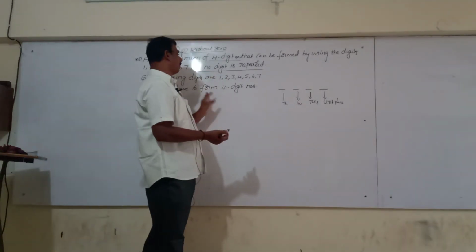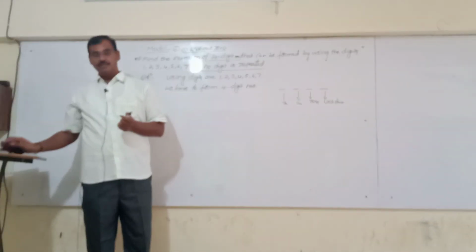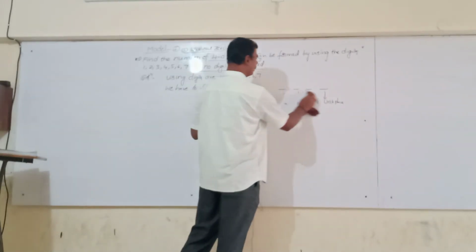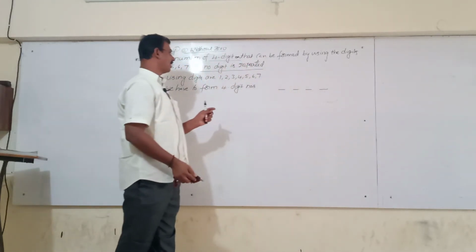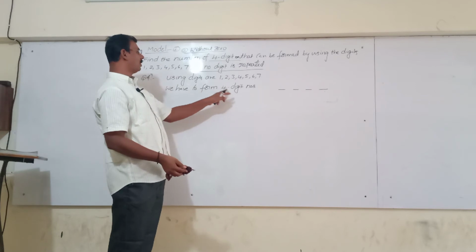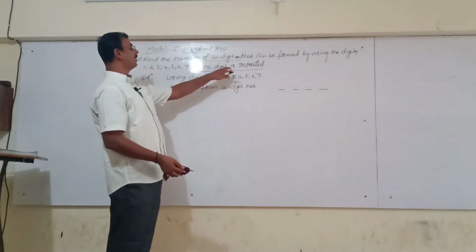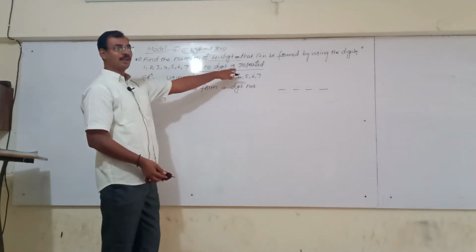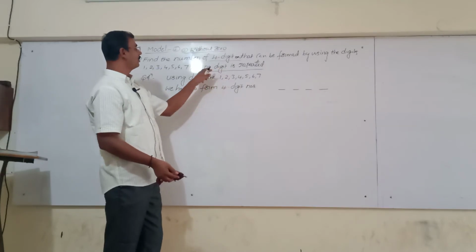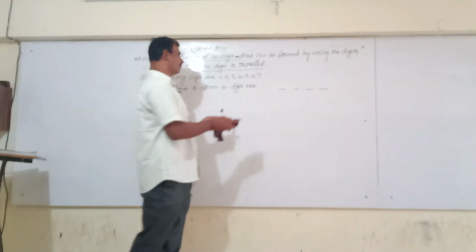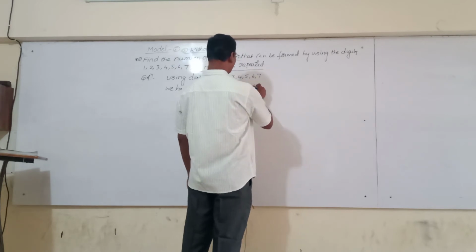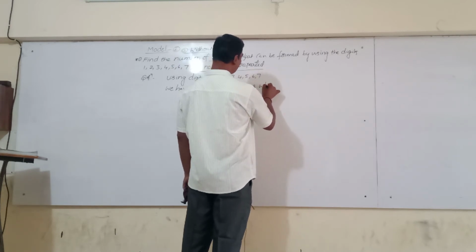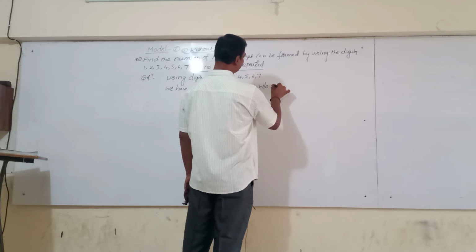Clear? Okay, now I am going to the problem. Let us see. One more general condition is given. We have to form 4-digit numbers. Is repetition allowed or not allowed? That is important. Repetition is not allowed, so 4-digit numbers without repetition.